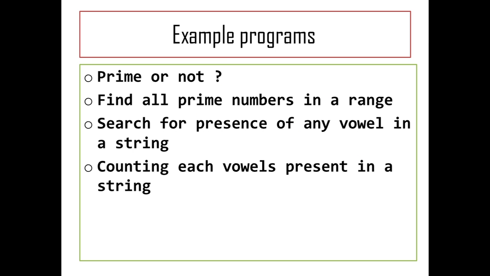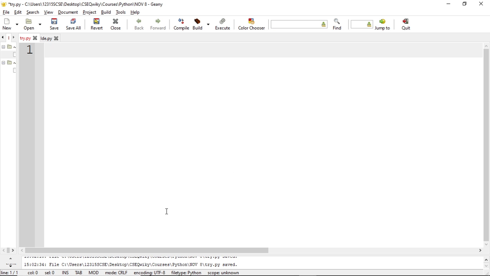So we will be seeing example programs like this: counting vowels, prime or not, finding prime in a range. We'll code and see. So first of all, for syntax: for x in, x is a variable.